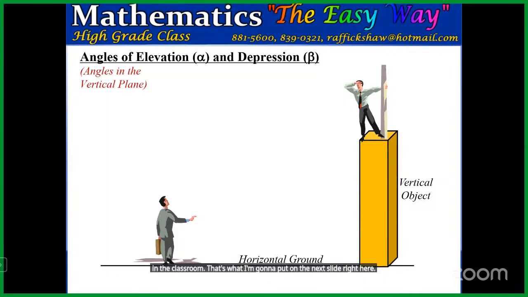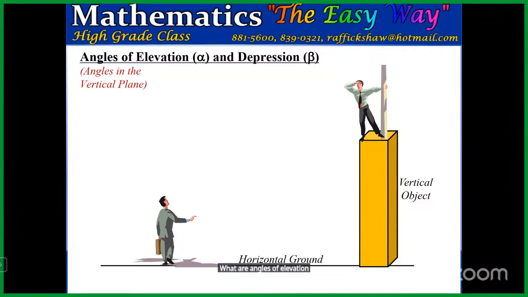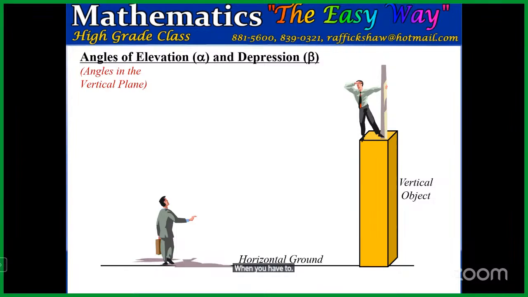Angle of elevation and angle of depression. You can see the subheading there on the screen. Now, what are angles of elevation and depression? They are formed when you have to elevate your line of sight to look upwards, or depress, meaning push down, your line of sight to look downwards.